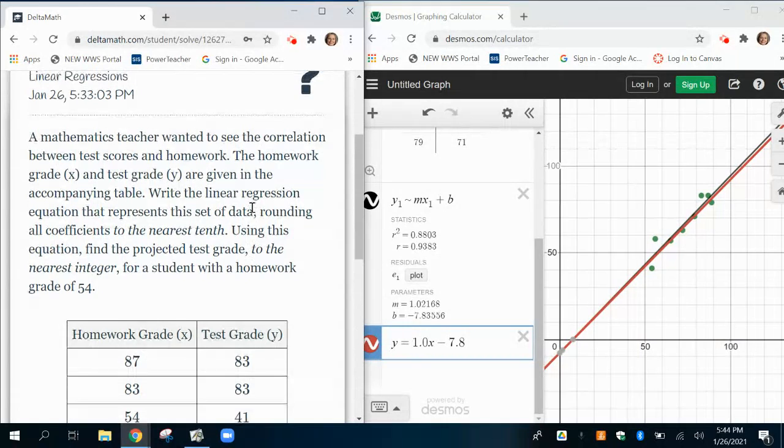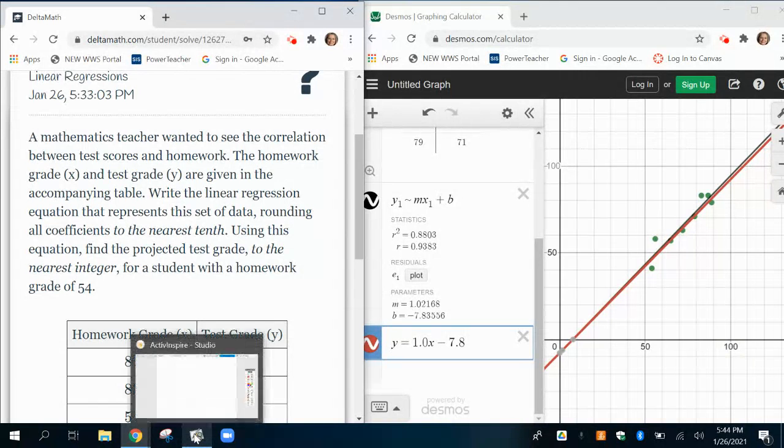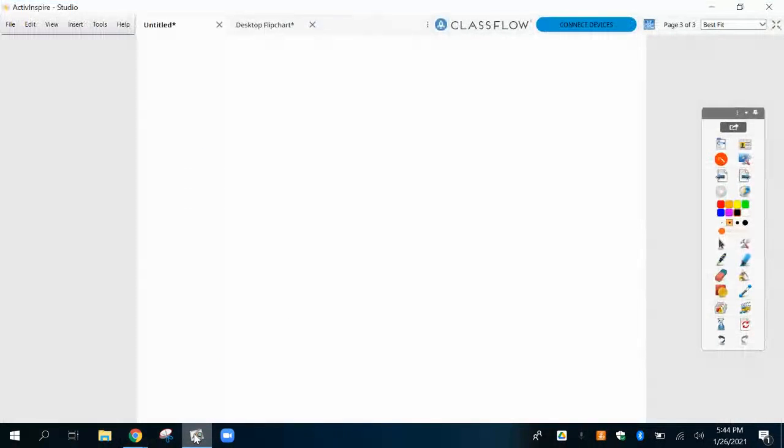Now, this also wants to know, okay, what would our projected guess be for a student with a homework grade of 54? Now, there's two ways that we can use this equation. Okay, we have an equation that says y equals 1x minus 7.8.